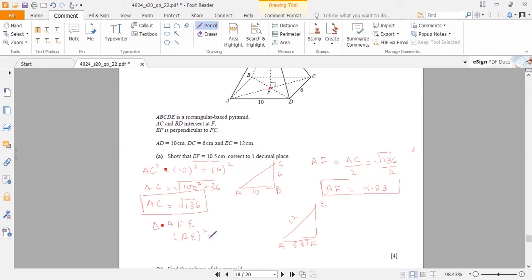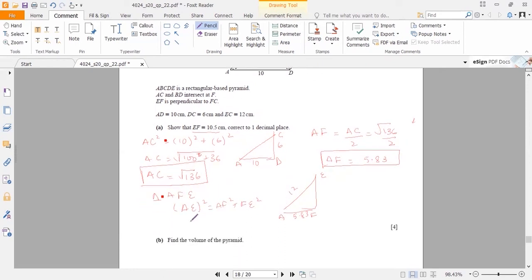AE square will be equal to AF square plus FE square. So EF will be equal to the square root of 12 squared, that is 144, minus 5.83 squared.